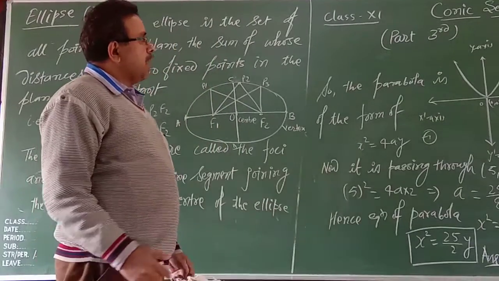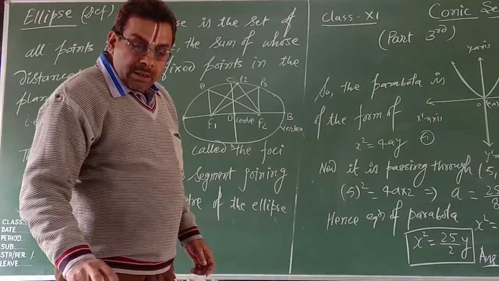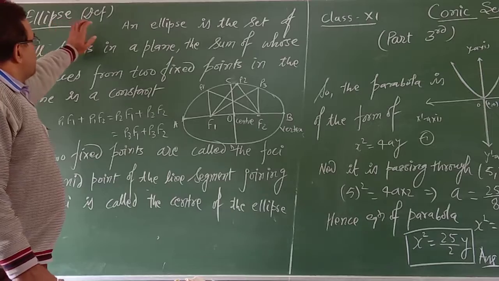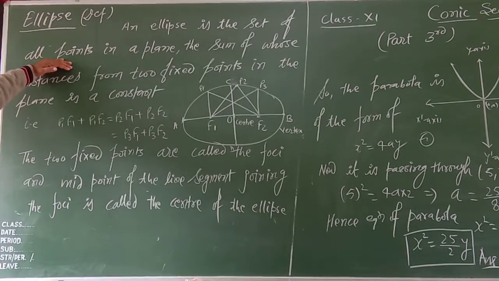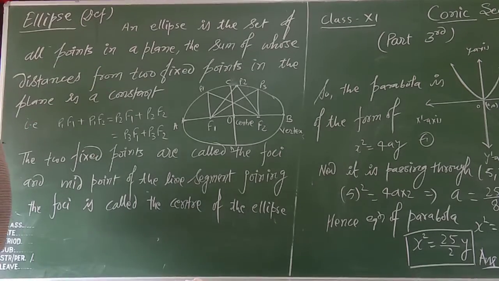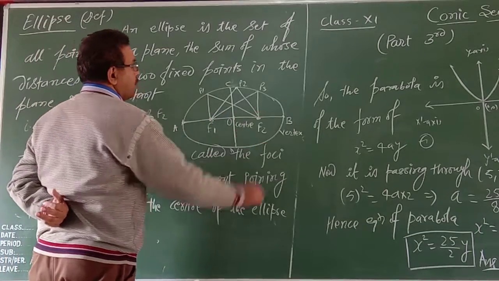Now, our next topic, ellipse. What is the definition of ellipse? The definition of ellipse: an ellipse is the set of all points in a plane, the sum of whose distances from two fixed points in the plane is a constant. These two fixed points are known as foci.